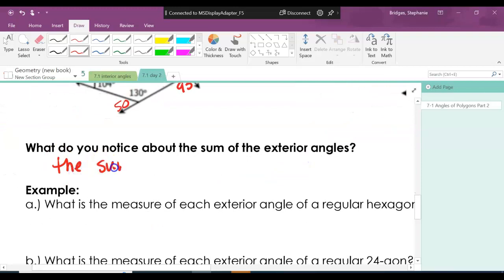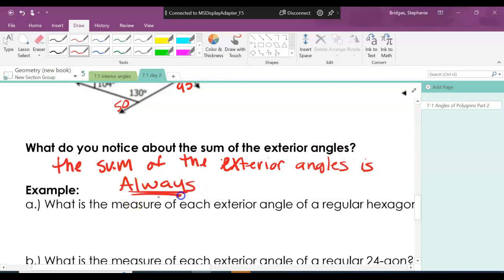The sum of the exterior angles is always 360. No matter how many sides you have, the sum of the exterior angles of any polygon is going to be 360. It could be a triangle, it could be a 100-sided polygon, but the sum of the exterior angles will always be 360.